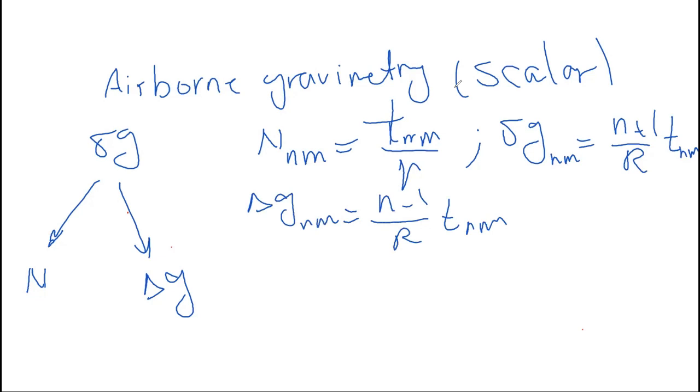So if you want to solve the boundary value problem of airborne gravimetry, we have gravity, and we have the Laplace equation outside, and the solution of the Laplace equation for T is a spherical harmonic solution.